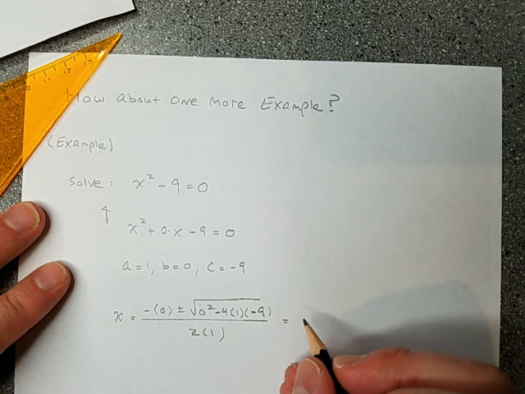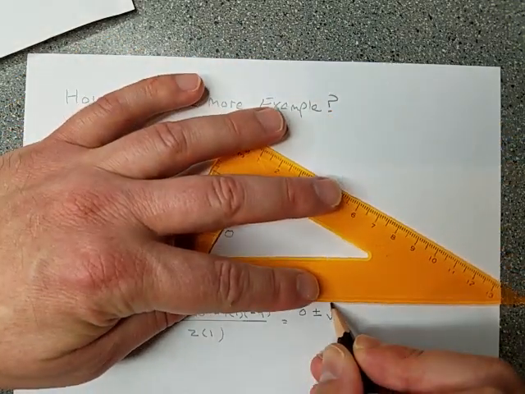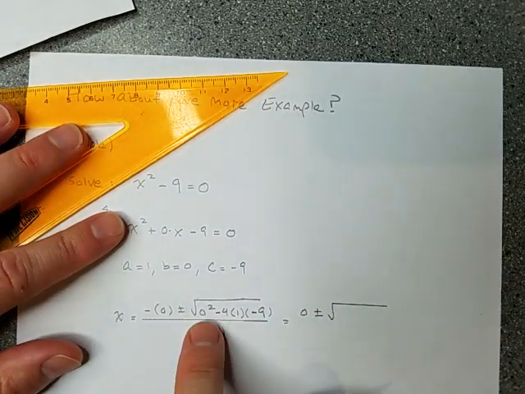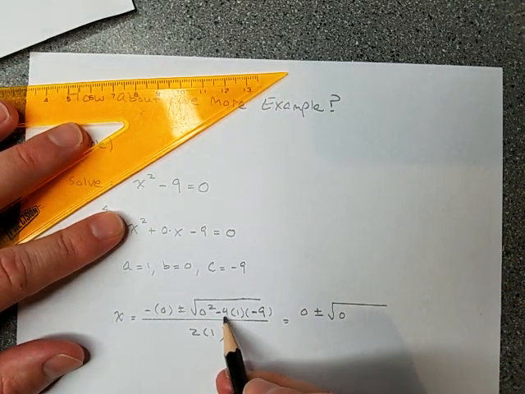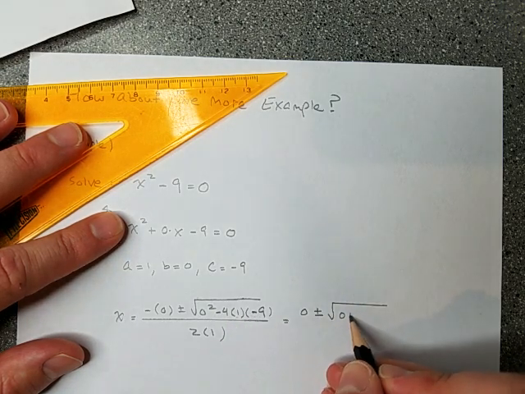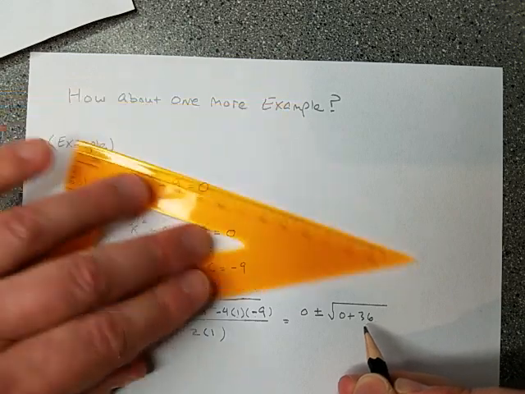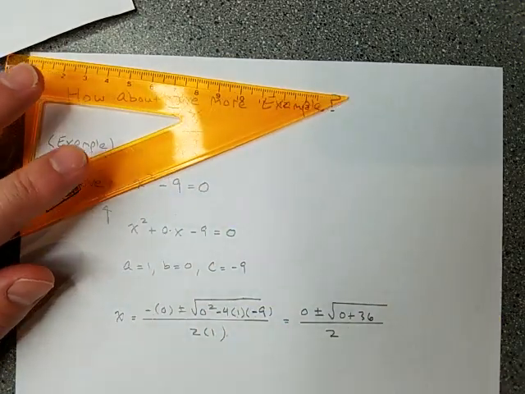0, okay. So I got 0 plus or minus root. And what about this part in here? What's 0 squared? 0. What's negative 4 times 1 times negative 9? That'll be positive 36. And then this will be what? 2. 2 times 1 is 2.